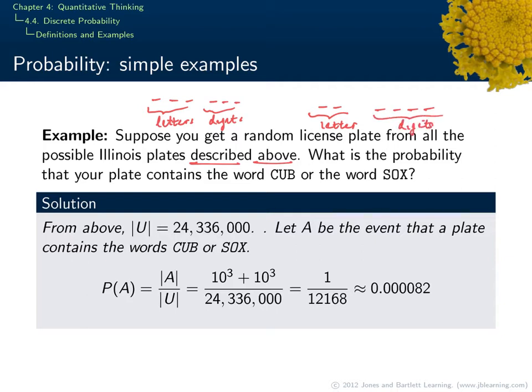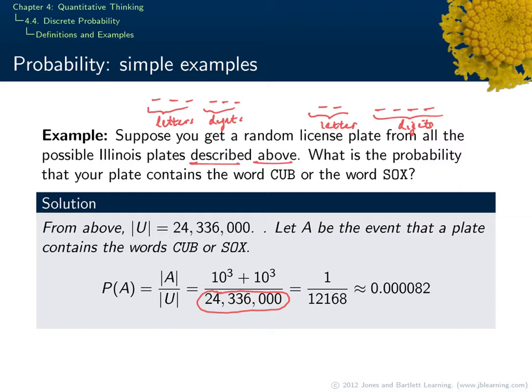And in a previous video, we discovered that the number of such plates is 24,336,000. So that's our sample space, this collection of license plates, and the size of that sample space is 24,336,000.